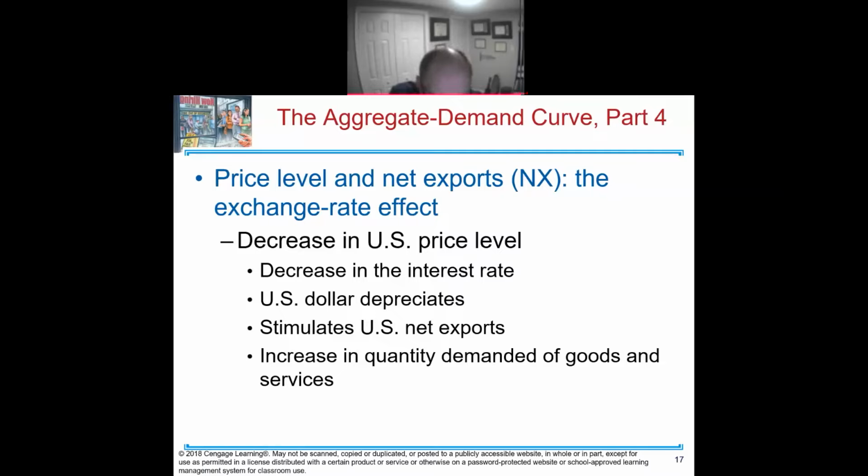It'll actually increase net exports because if you think about it, with lower interest rates and a lower dollar value, foreign individuals and companies will purchase more U.S. goods, which will increase exports. And there'll be a higher demand for goods and services.